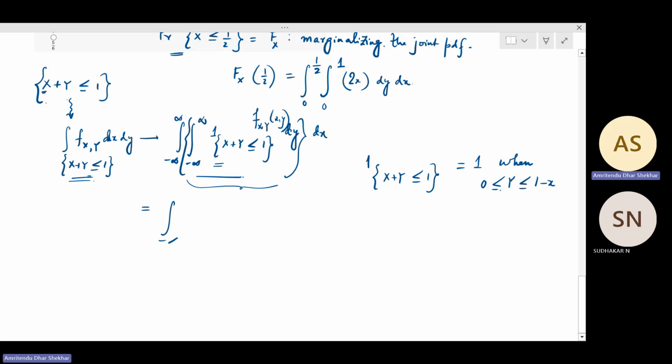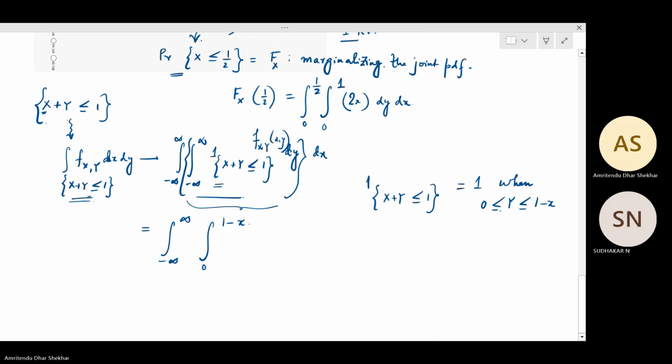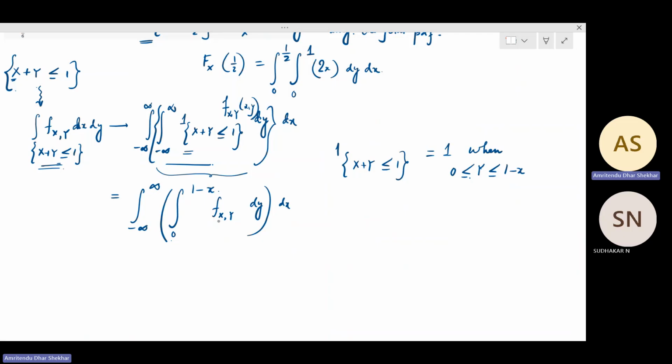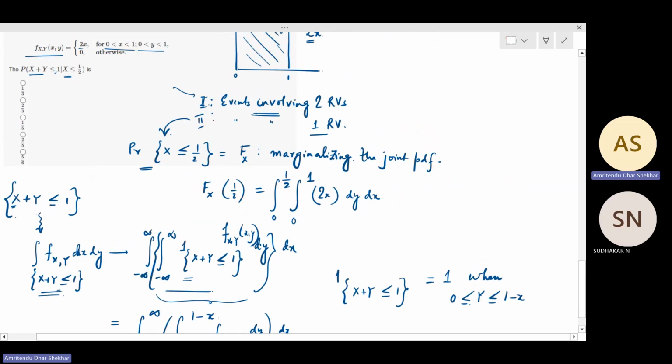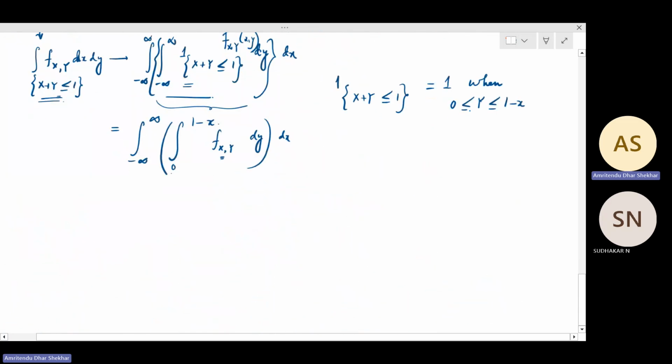So you write it as the integral from minus infinity to infinity, you let y vary from 0 to 1 minus x, then the density function, dy dx. Now, of course, this density function is 0 if x is outside the interval 0 to 1.